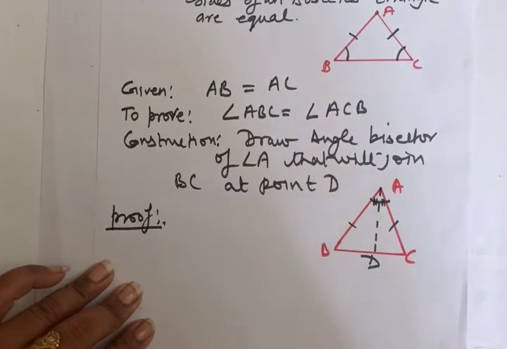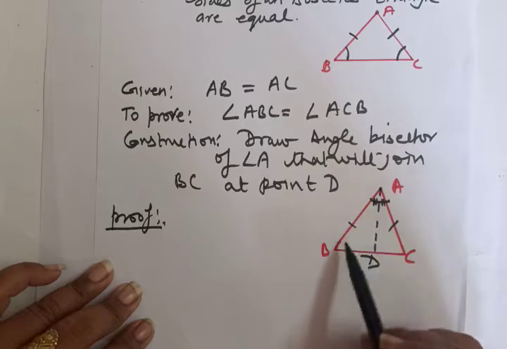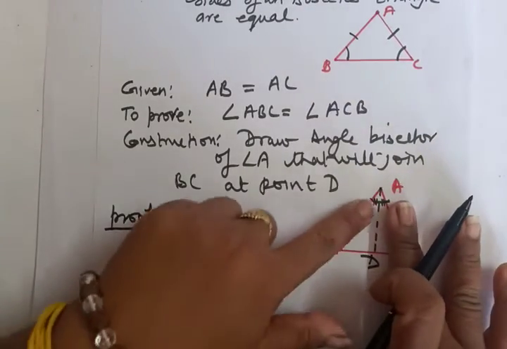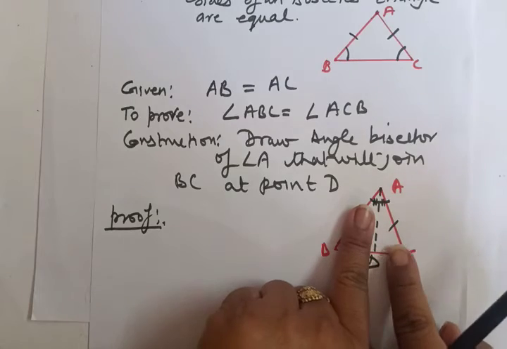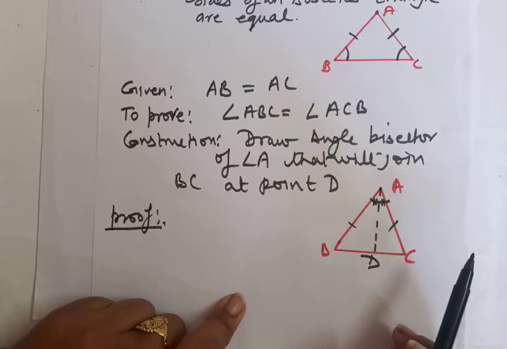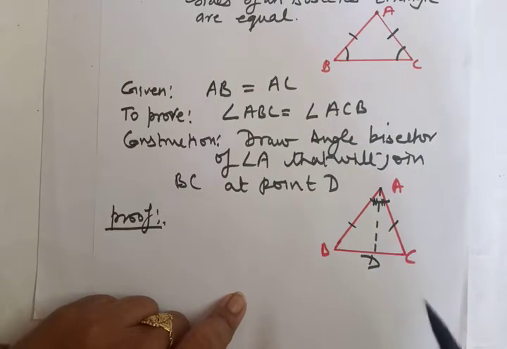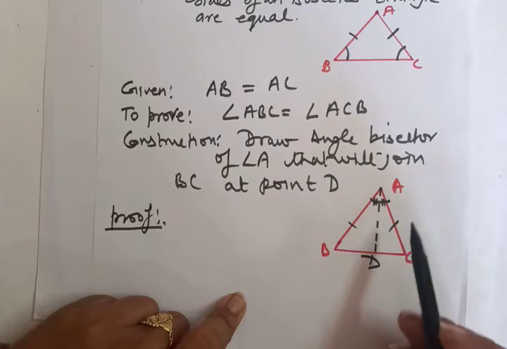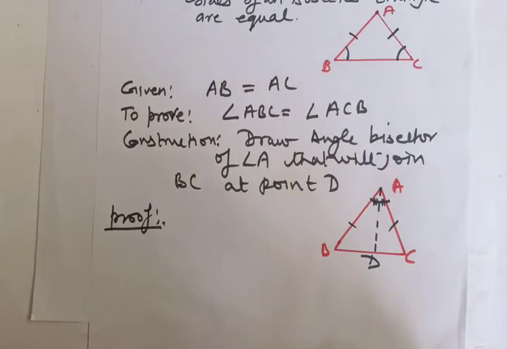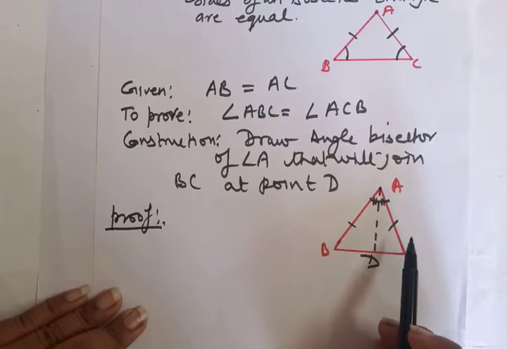Now, first of all, let me tell you, if we prove that this triangle ABD is congruent to this triangle ACD, then all the corresponding angles and corresponding sides will also be equal. So by CPCT, the corresponding parts of congruent triangles, we can prove that angle ABD is equal to angle ACD, which is required. So let's prove that these two triangles are congruent to each other.